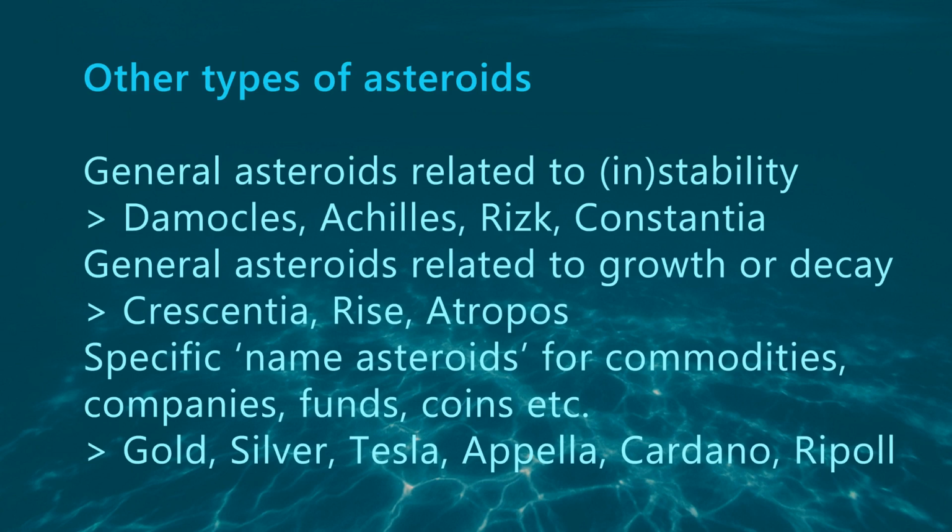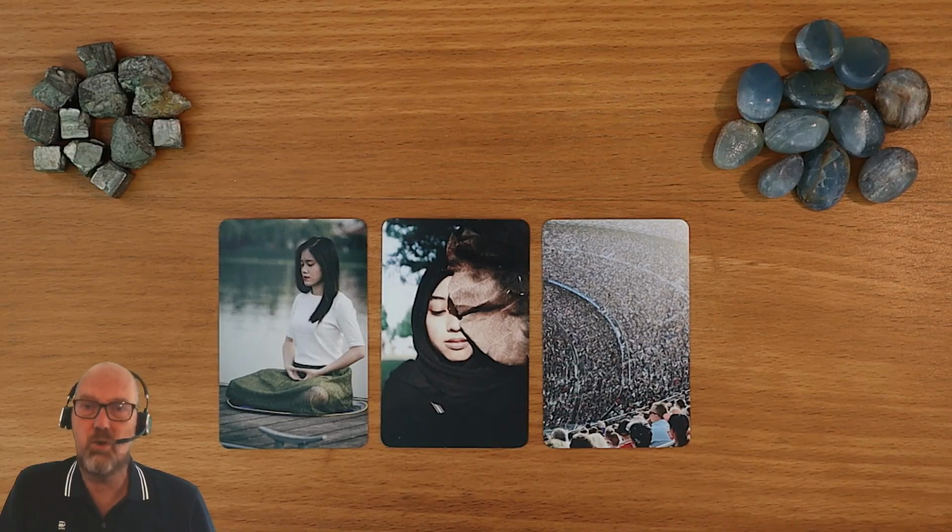Damocles is like uncertainty. Constantia is the opposite. Constantia is actually also a word associated with the blockchain, the idea of every 10 minutes a new block being mined.